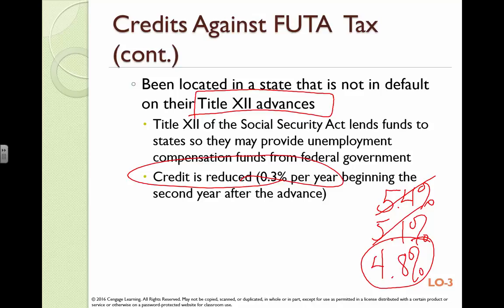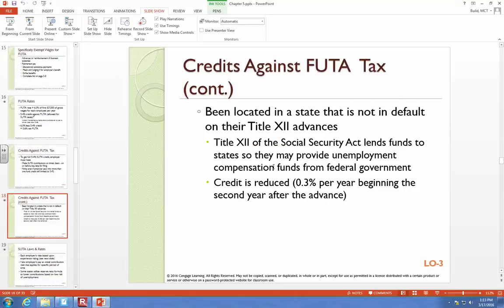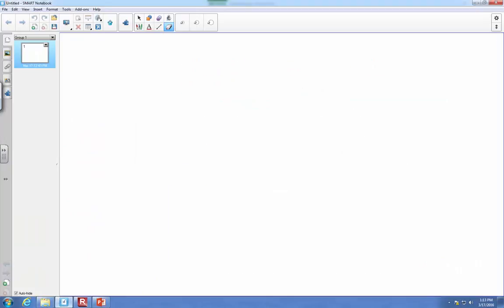So just to kind of recap this, if you were to explain to somebody what the FUTA rates are, what would you tell me? I'm trying to understand the financial system, the payroll system, and I'm like, so how much do we pay in FUTA? What would you tell me? As a general rule.